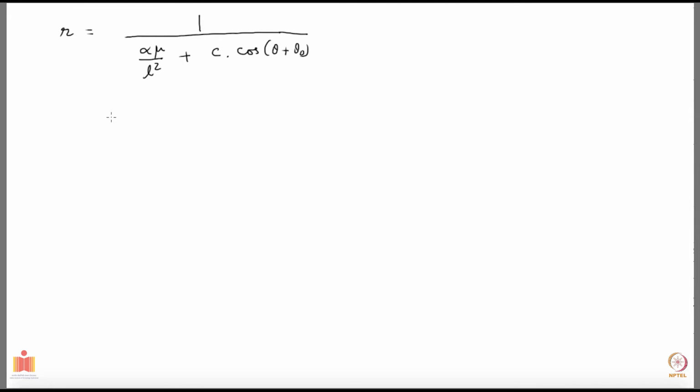Let me do a little bit of algebra and write it so I take out alpha mu over L square as common and put it in the numerator, which becomes L square over alpha mu. What is alpha?